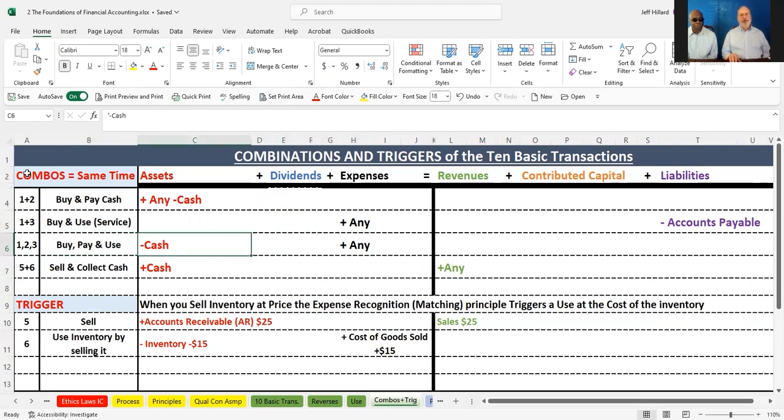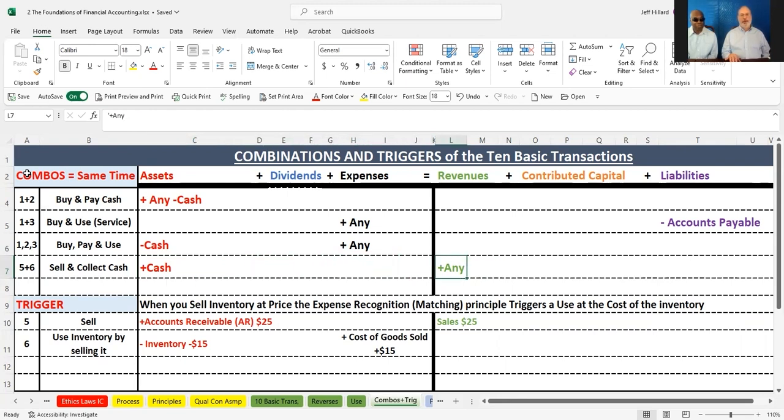Similarly, if you sell and collect your cash right now, you earned it, so you can book your revenue, you fulfill the revenue recognition, and you get your cash right away. What happens if we only get partial payment, or we only pay part of the debt? How does that work? If you only get partial payment from the customer, you put the amount in here of the partial payment, but this is the classification.